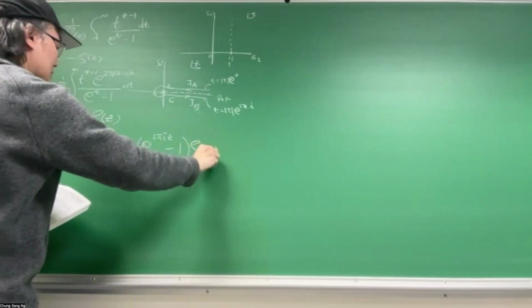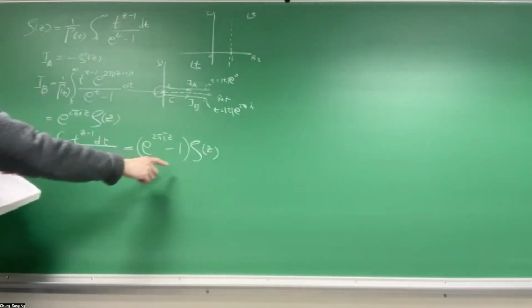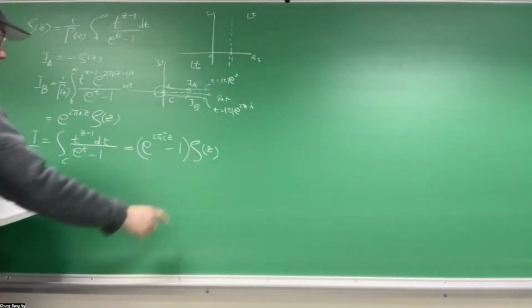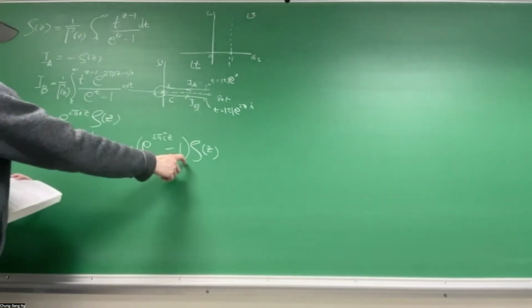Let's see. If you do this contour integral, you introduce this factor, proportional to the Riemann zeta function by this factor.